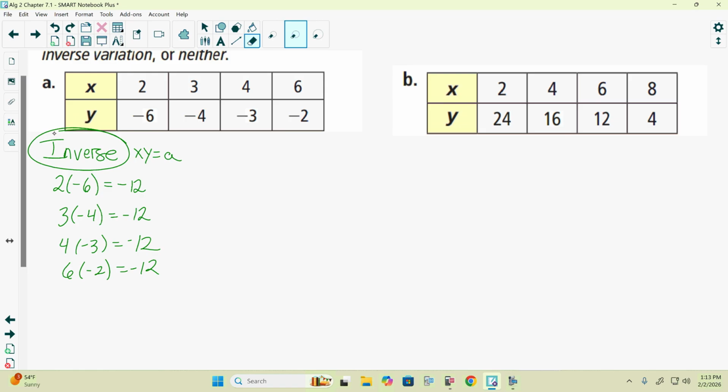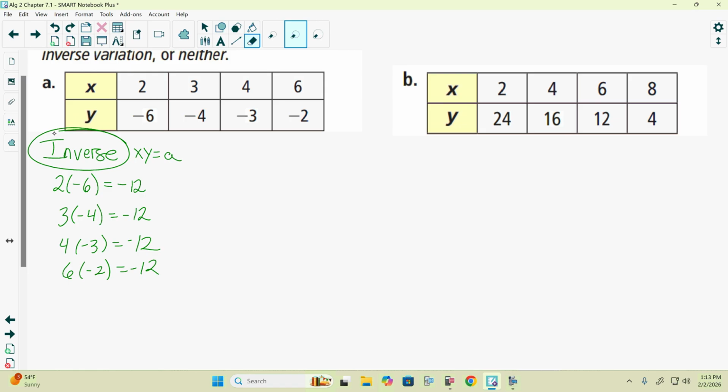So they are indeed inverses. Questions on this here? So we don't even have to check direct, because if it is inverse, it's not direct. If it's direct, it's not inverse. If it's one, it's not going to be the other.